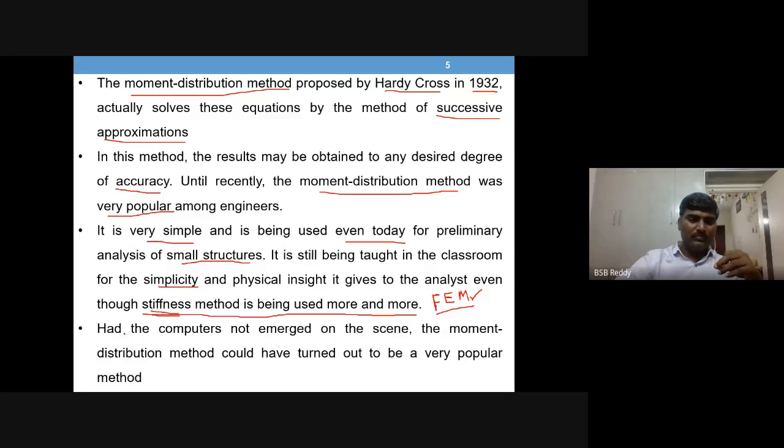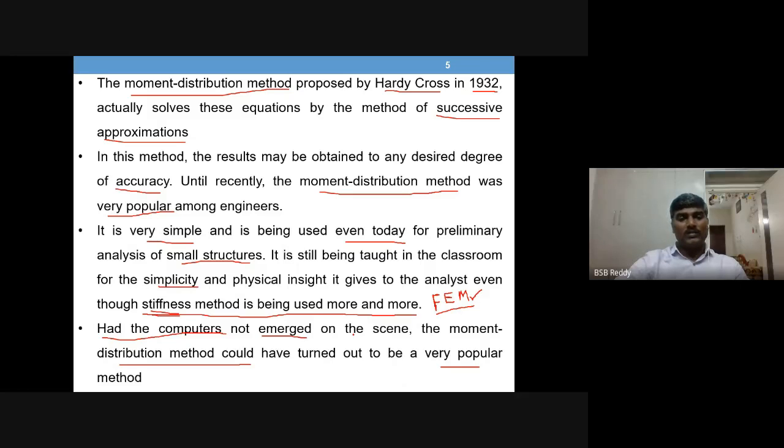Okay, right. Had the computers not emerged, as I was telling, the moment distribution method would have been the most popular method today, if computers did not have the popularity that they have achieved today.